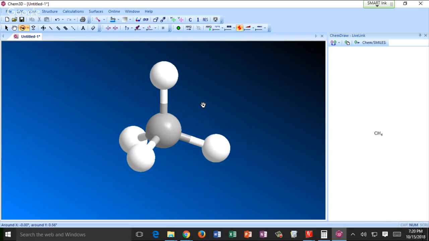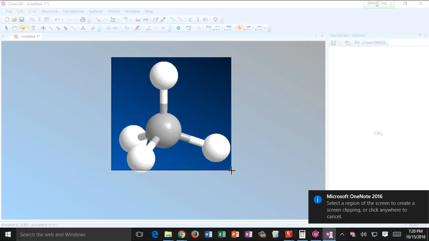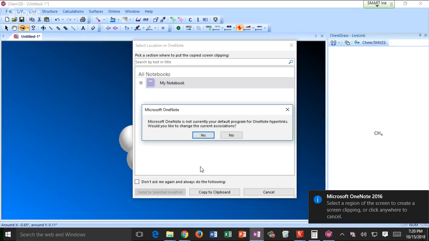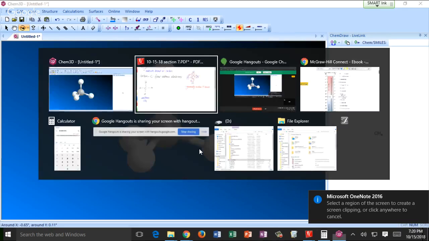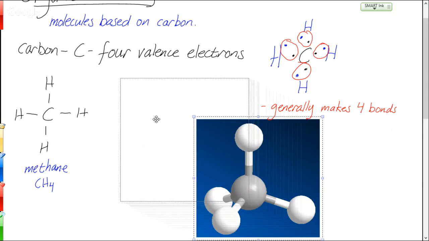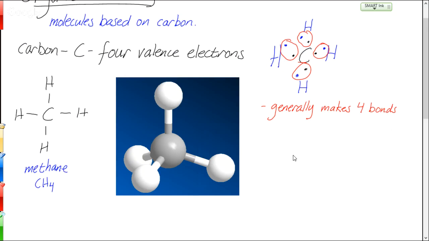So I'm going to offset this one a little bit so we can see all the pieces. Copy it into the notes. And the way we're going to draw it is we'll put the C here, just like we did before. And we'll draw one hydrogen going up and one going out like that.